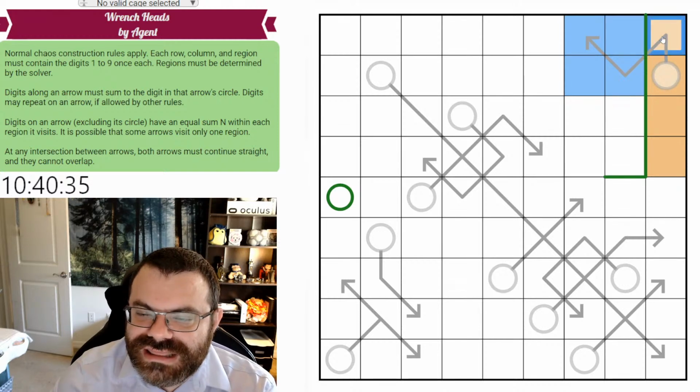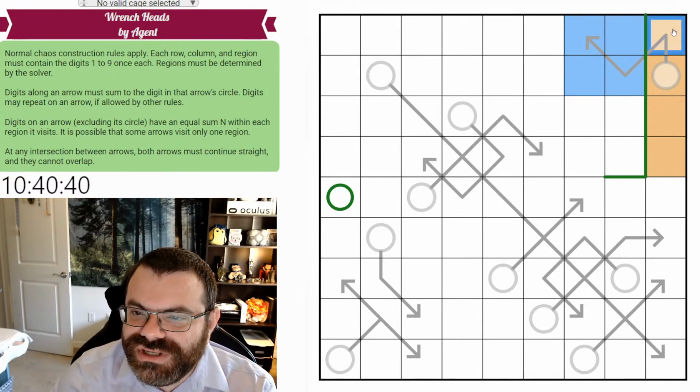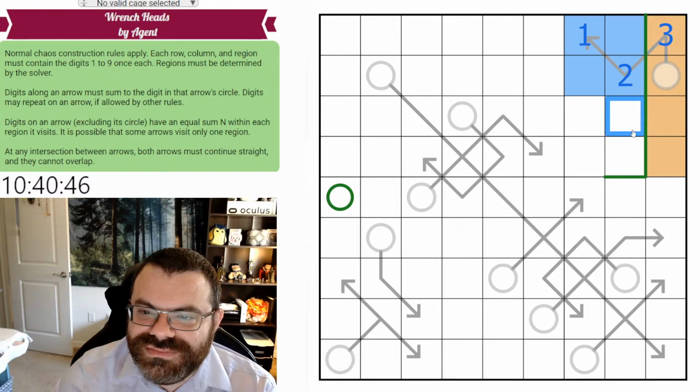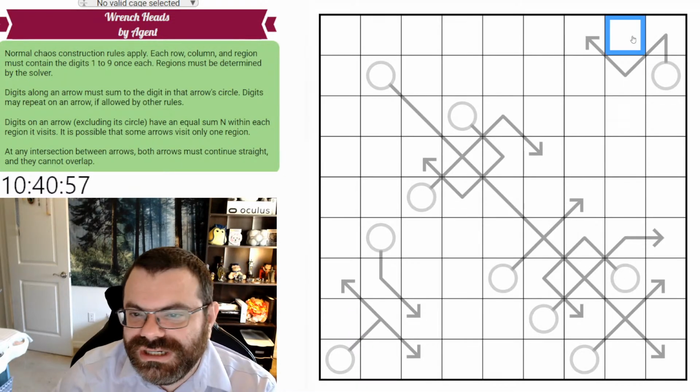Then what that means is that this value here on the arrow, we don't count its circle, has the same sum, say this was 3, as these two. So these two would add to 3, and then this adds to 3. We fill a 6 in the circle, and this fulfills everything.